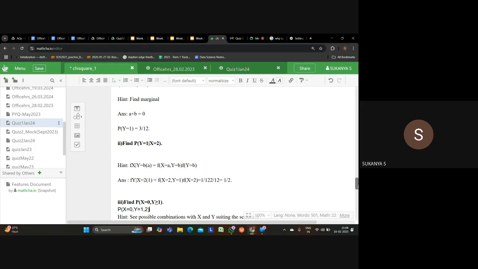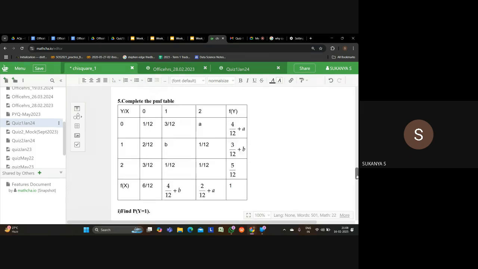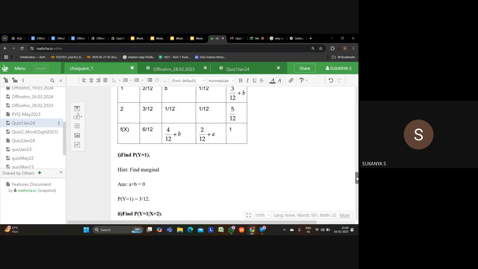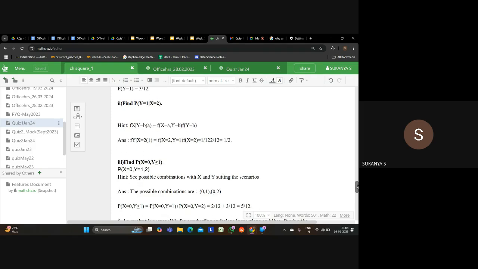So you have two probabilities: probability of x is equal to 0, y is equal to 1, and probability of x is equal to 0, y is equal to 2. What are we getting? 2 by 12 plus 3 by 12, which is equal to 5 by 12.